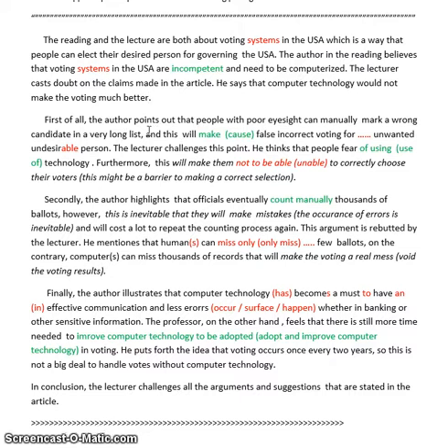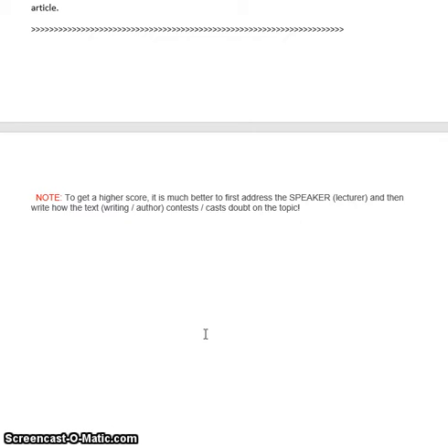Now, before I continue any further, there's one point I'd like to point out, and that is that with integrated writing in the TOEFL, if you want to get a higher score, it is much better to first address the speaker, first talk about what the lecturer said, and then write how the text or the writing or the author contest or casts doubt on the topic.